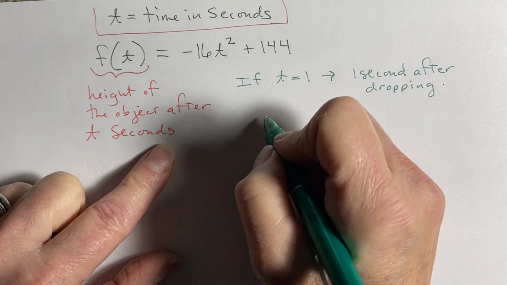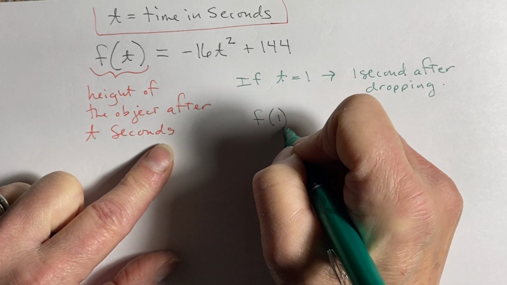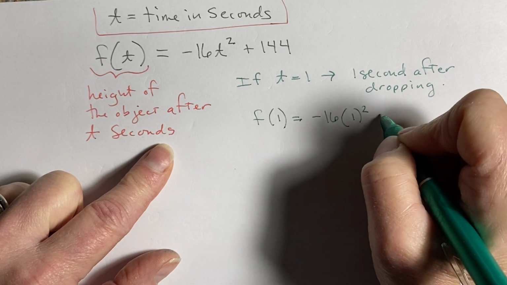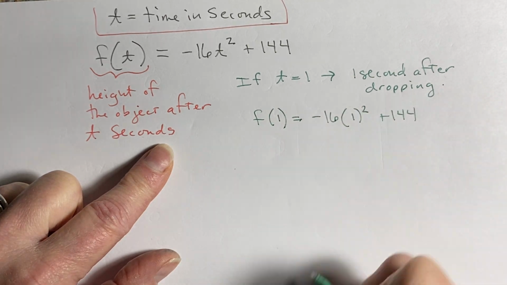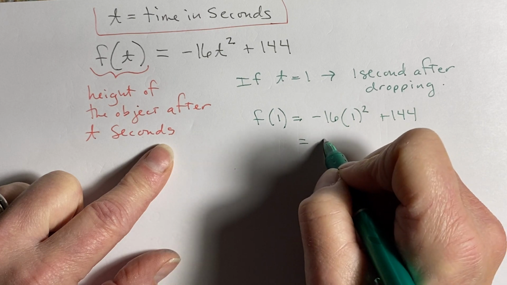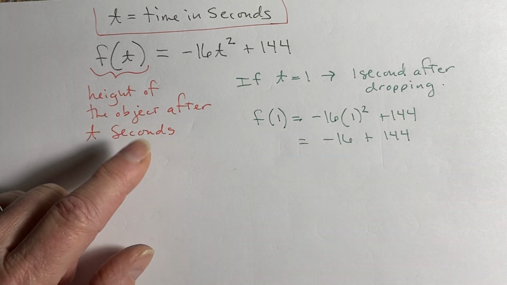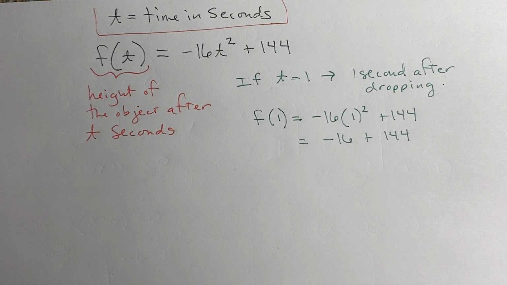So if I do F of 1, negative 16 times 1 squared plus 144. This is going to be negative 16 plus 144. So what is our height? So 144 minus 16 is 128.